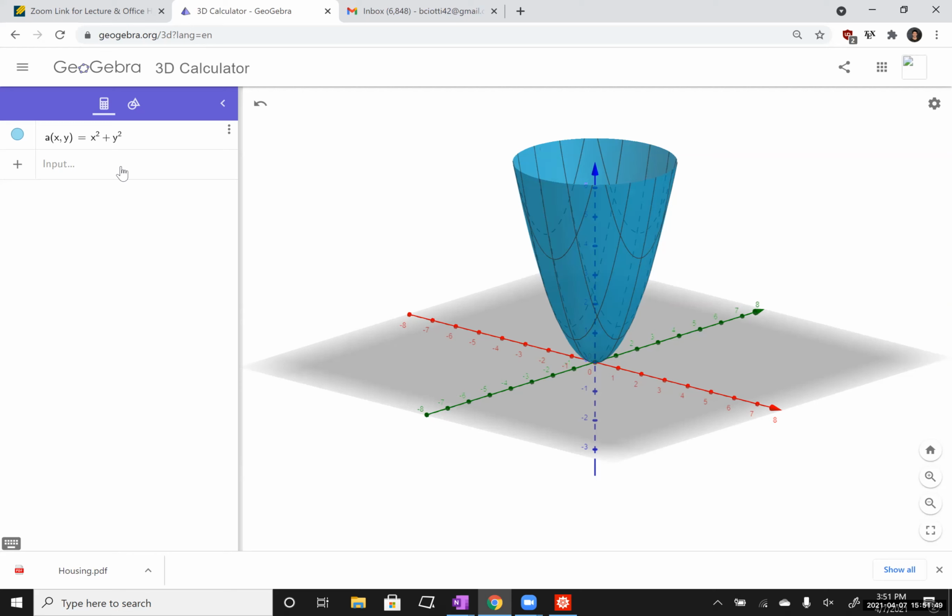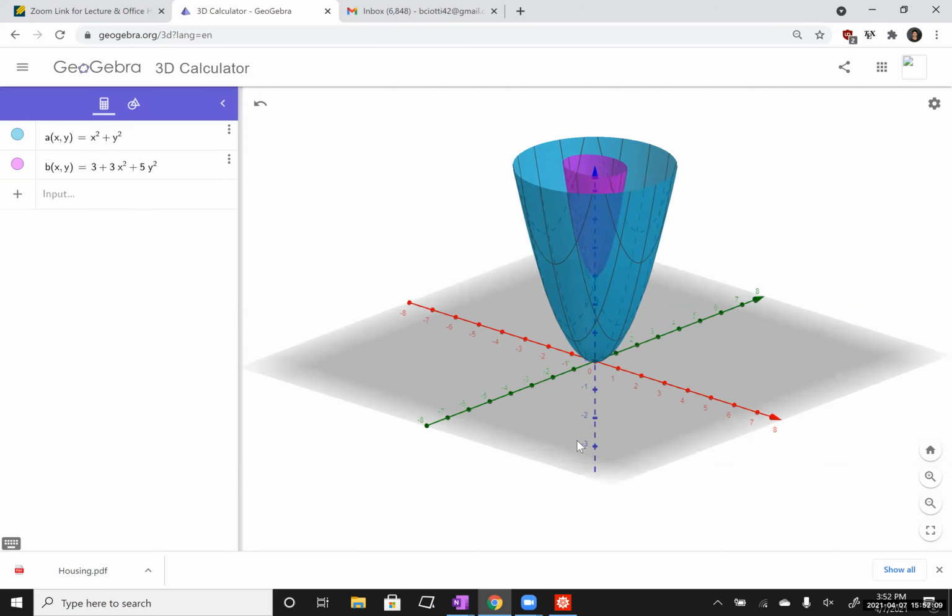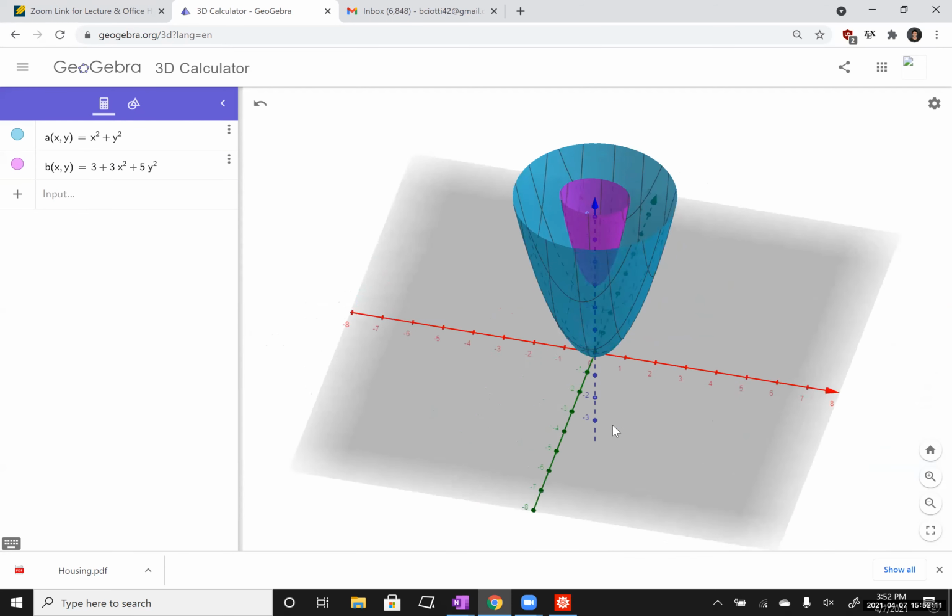Also, there are certain shapes that are standard too. This one is a paraboloid, and any variation like 2 plus 3x squared plus 6y squared would be another type of paraboloid.